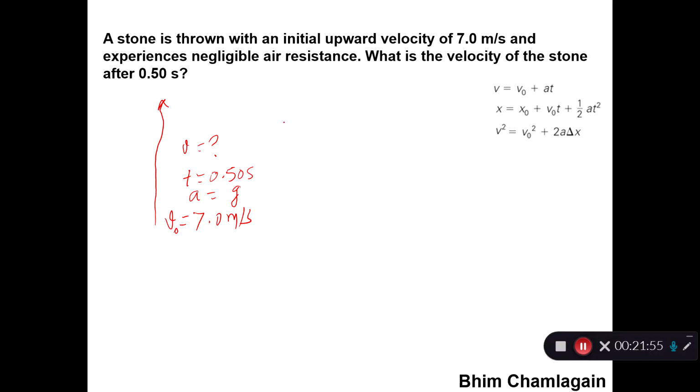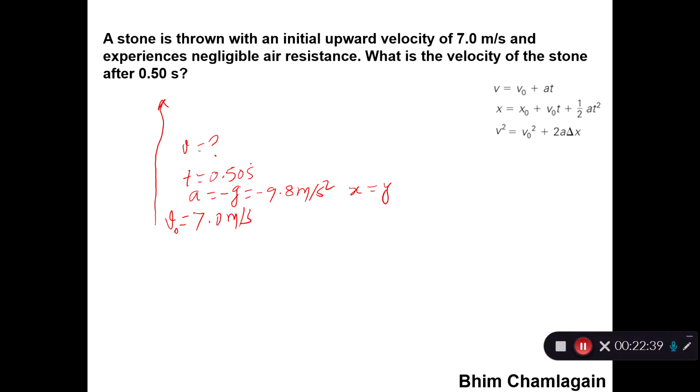If a body is moving up, it is opposite to the acceleration due to gravity, so you can replace a by negative g, which is negative 9.8 meters per second squared. And you can replace x by y because it's vertical motion, so x naught is replaced by y naught, and delta x is replaced by delta y. In this case, v naught, a and t are given, so you have to calculate v.